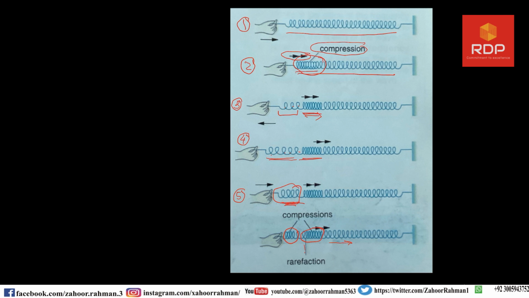So ladies and gentlemen, this is the whole story. Compression and rarefaction are seen moving along the slinky towards the wall. The double arrow represents the motion of the wave along the slinky, while the single-headed arrows to the left and right represent that you are dragging it here, you are pushing it here.